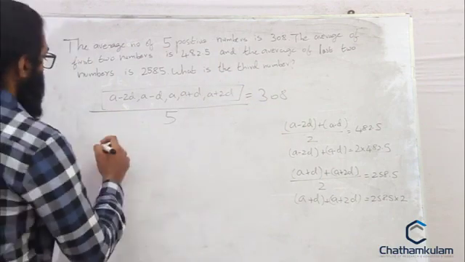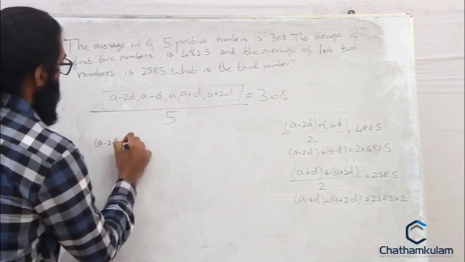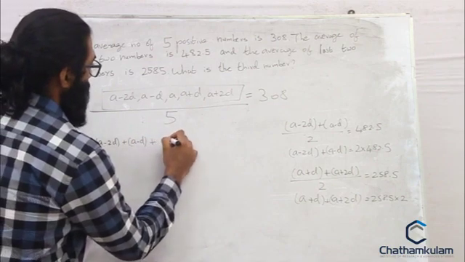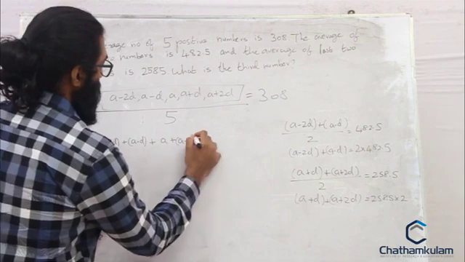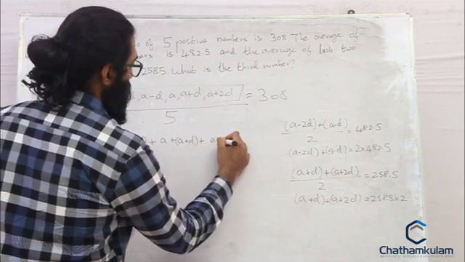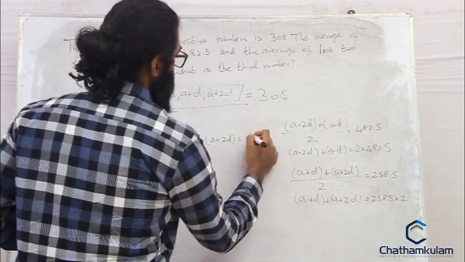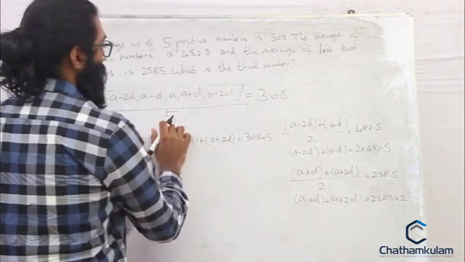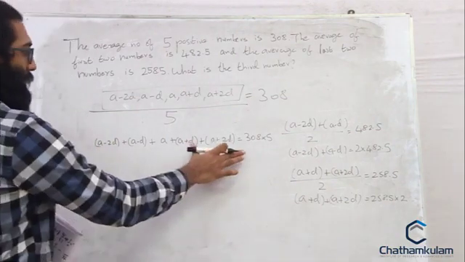So we can write this as a minus 2d plus a minus d plus a plus d plus a plus 2d equals 308 into 5. We bring this 5 to here. So this is what we get here.